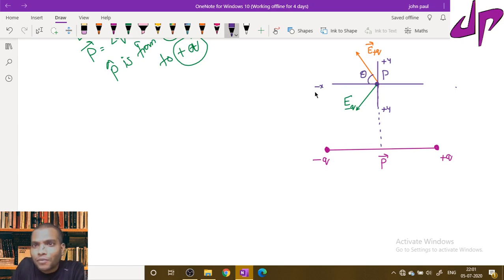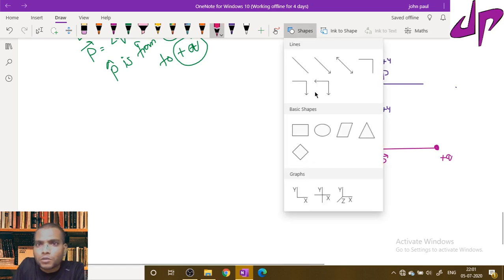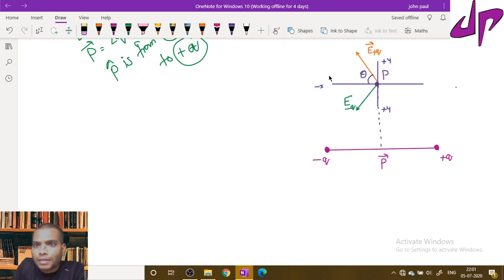Now this electric field will resolve into two components, the horizontal component and the vertical component. I can mention them here: this is the horizontal component, this is the vertical component, and here there will be one more horizontal component.